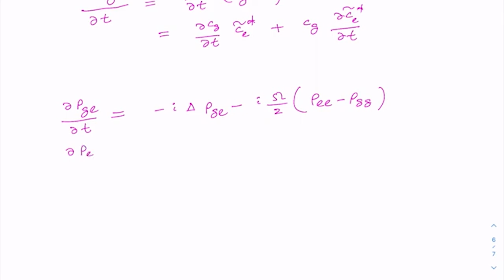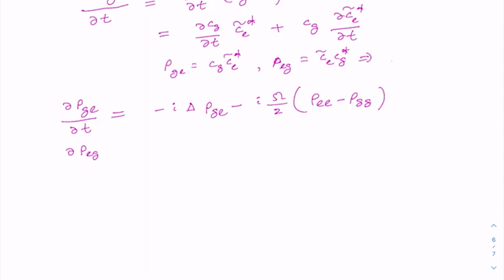Actually the other equation is very simple, because rho ze is equal to cz ce tilde star, and rho ez is equal to ce tilde cz star.